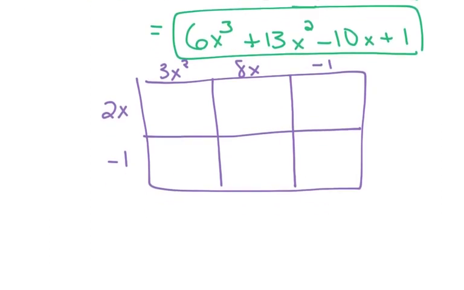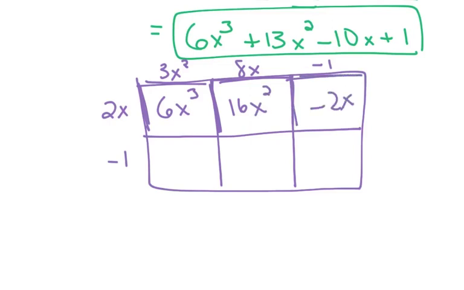To find the area of a box, you do length times width. So 2x times 3x squared is going to be 6x cubed. The next box is going to be 2x times 8x, 16x squared. The next box is going to be 2x times -1, -2x.